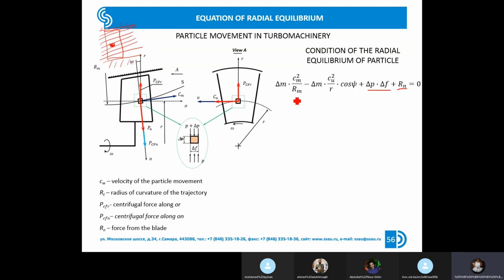And second, it is influenced by the centrifugal force due to the turning when it's moving forward. That's why we have two parts of centrifugal force. But I think it's not very important.